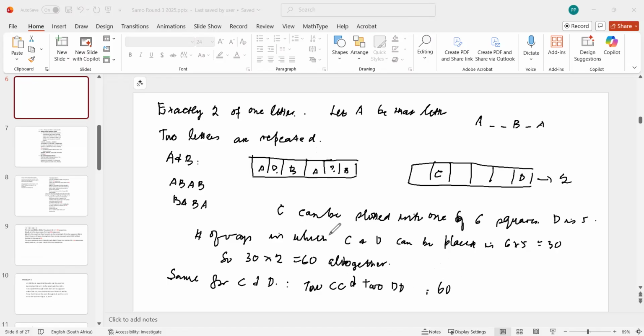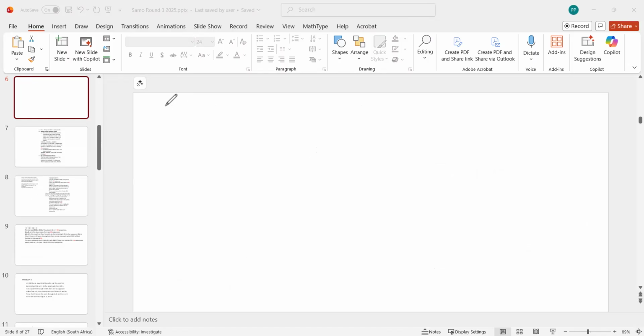All right, so at the moment we have to clear all these lines. Thus far, we have 48 plus 4 plus 60 plus 60.